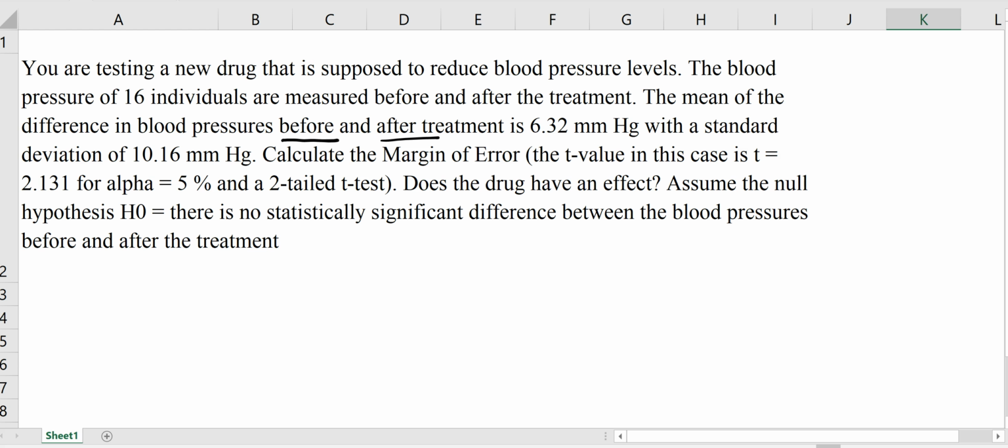So first of all, what do we know about the experiment?